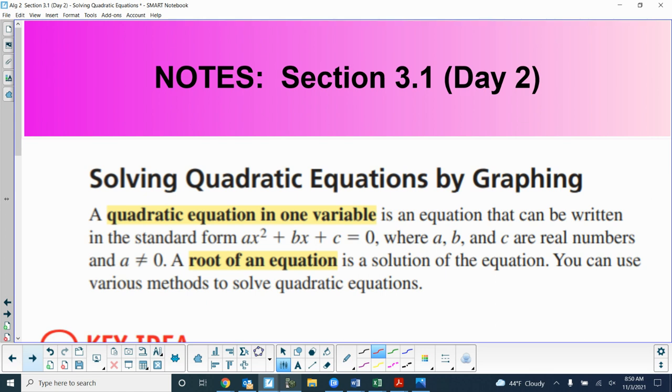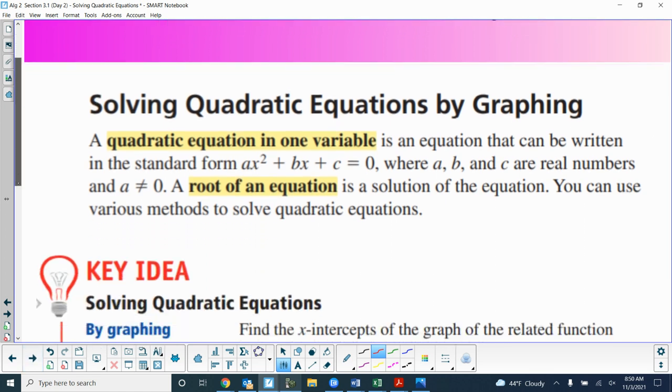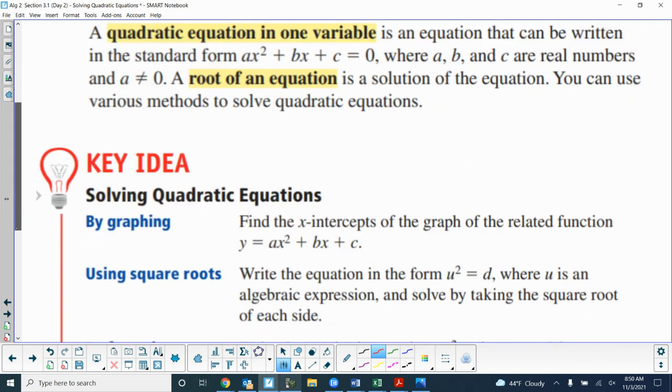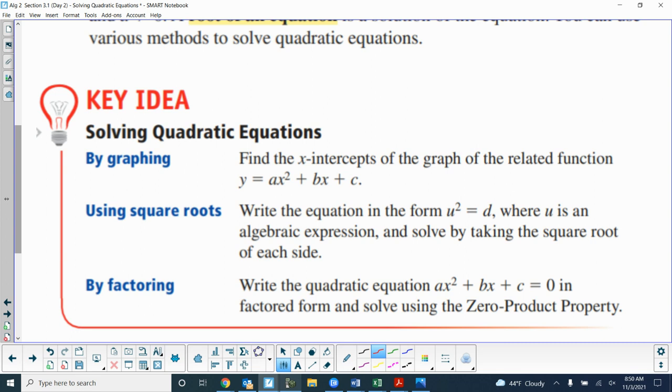Yesterday we did graphing, right? We talked about a root. We went over that. Okay, we did these two yesterday. Today we're going to do the factoring way. So we're going to factor our quadratics, which we practiced last Thursday and Friday, right?